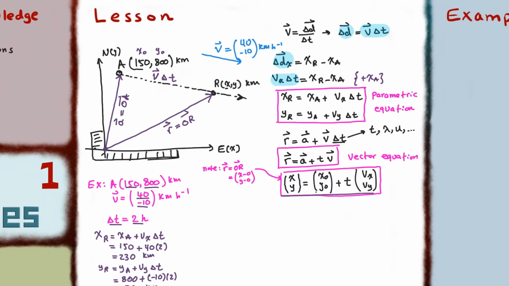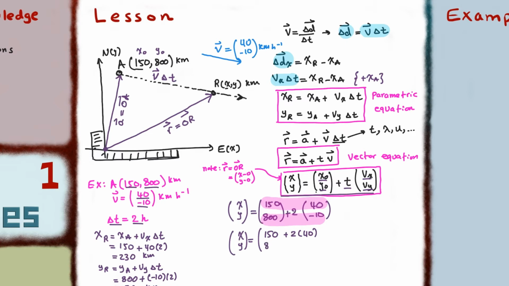If we use the vector equation, the x and y component of our final position is going to equal the x and y position of our initial 150 and 800 plus the time multiplied by the vx and vy component of our velocity, so that's 40 and negative 10. And what we do is we just add the x coordinates together and add the y coordinates together, x and y separately.